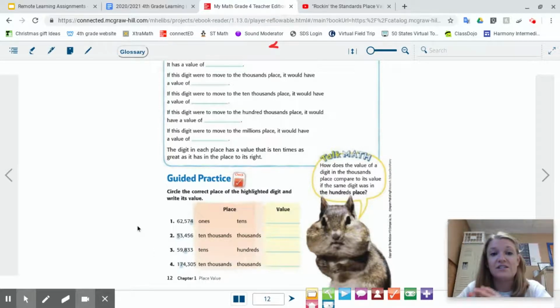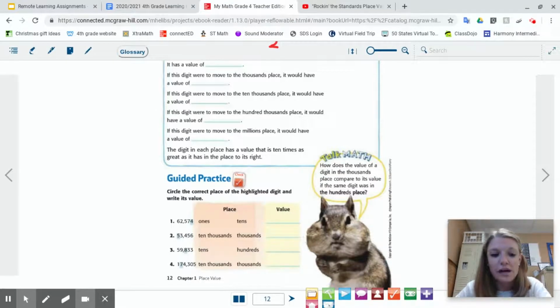Which thousand is it? Is it just 1,000? Is it 10,000? Or is it 100,000? Let's look. I feel most comfortable starting all the way to the right and counting as I go. So I'm going to say this is the ones place, tens place, hundreds place, comma, thousands place, 10,000s place. So I would circle 10,000s and I would say the value is 50,000.